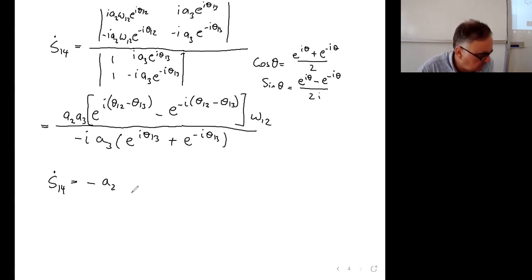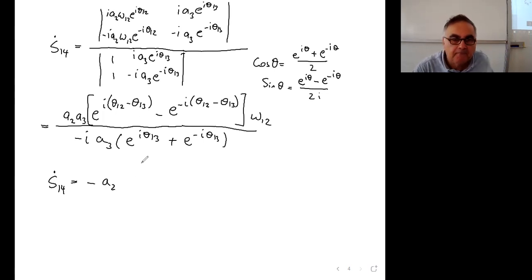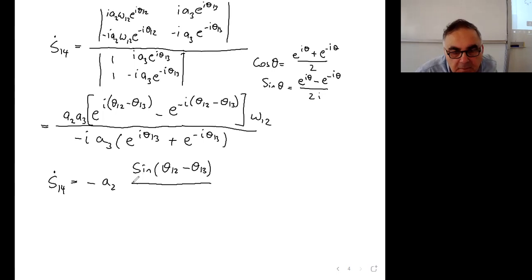Eventually, you get minus A2, and 2's cancel, sine theta 1 2 minus theta 1 3 divided by cosine theta 1 2 times omega 1 2.